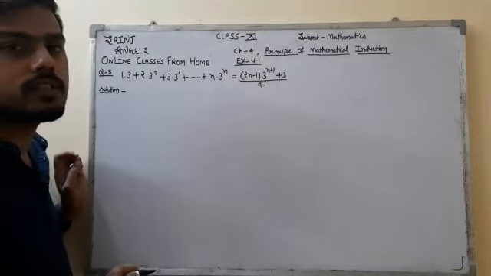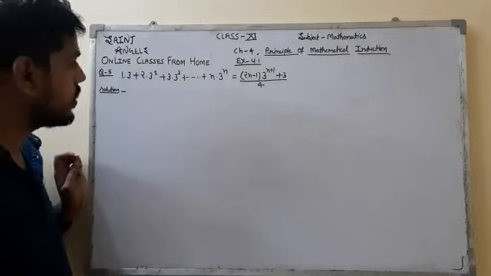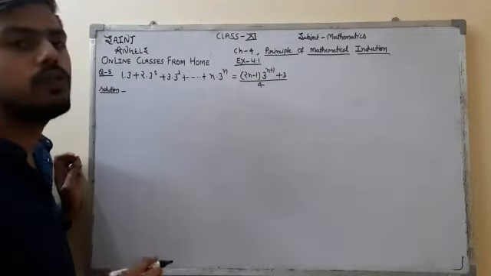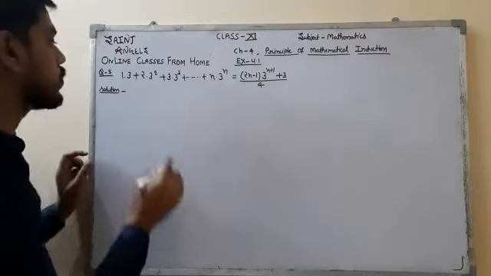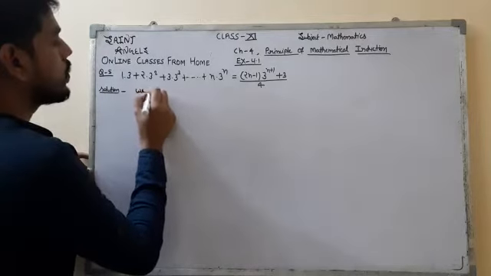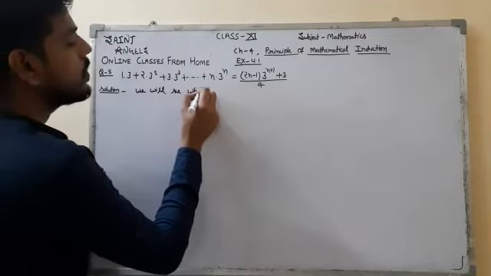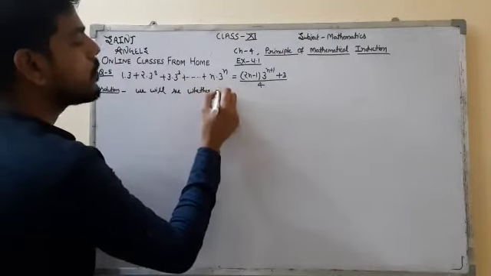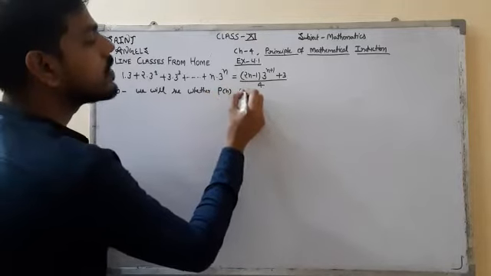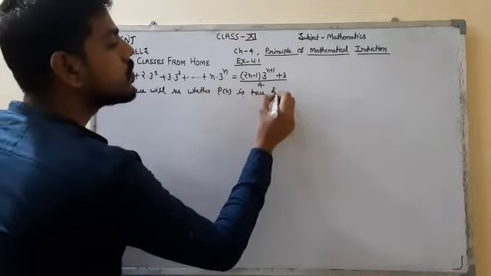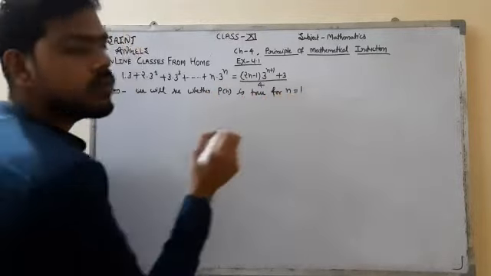So what was the first step? We will see whether this expression is true for n equals 1 or not. We will see whether Pn is true for n equals 1.